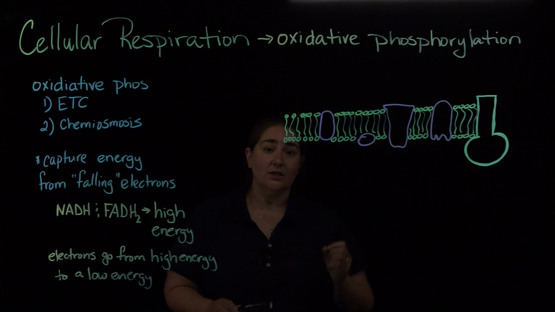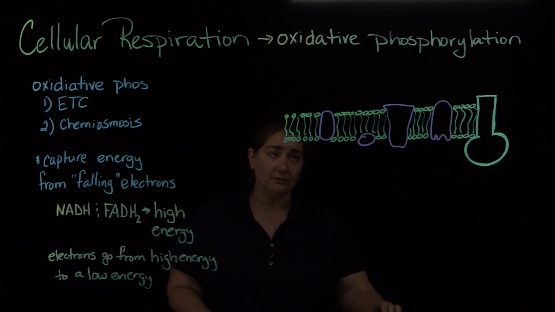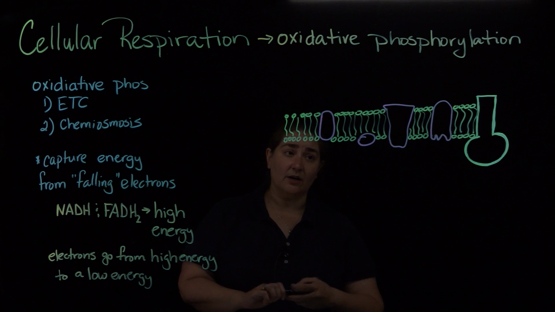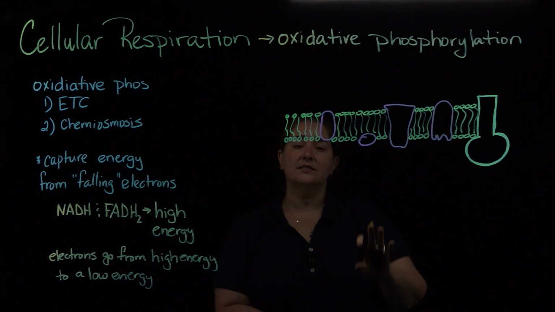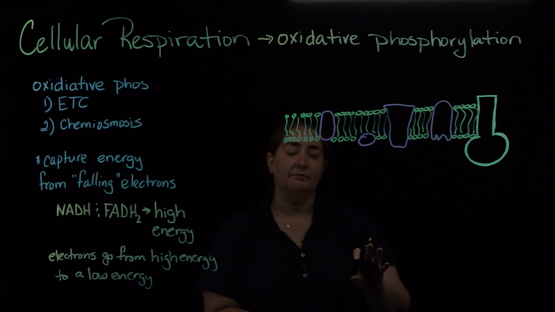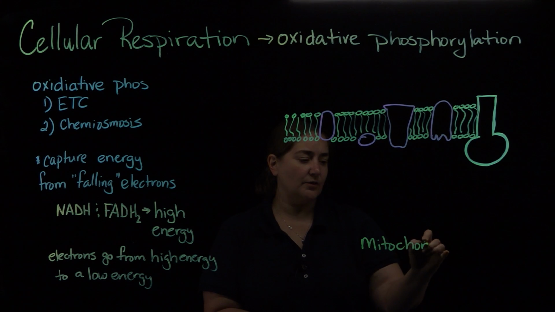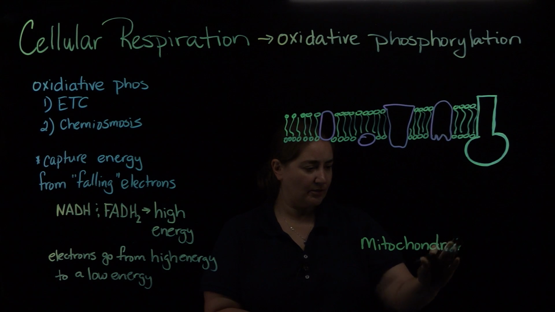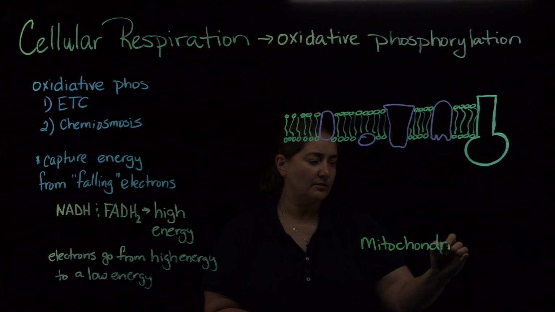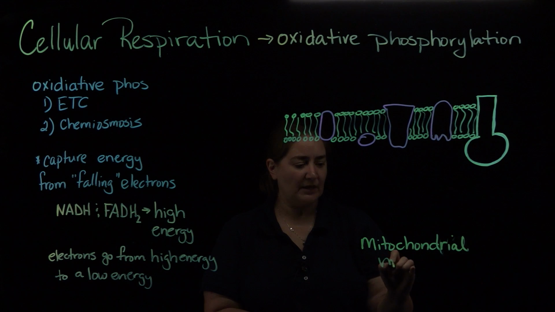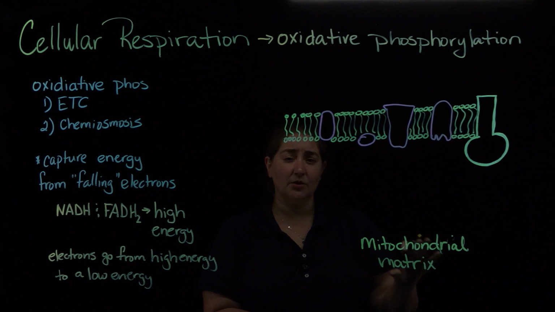What we've got here, I'm going to define where we are in the mitochondria. This side of the membrane is going to be our mitochondrial matrix, the innermost portion of the mitochondria.